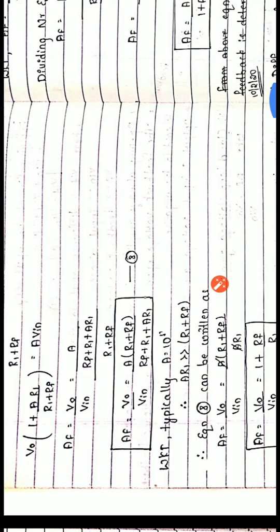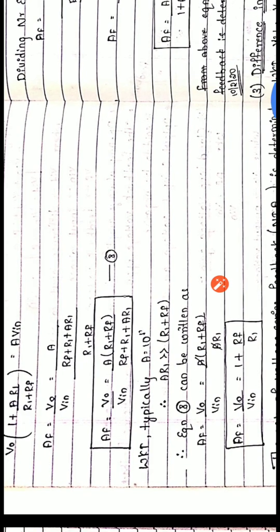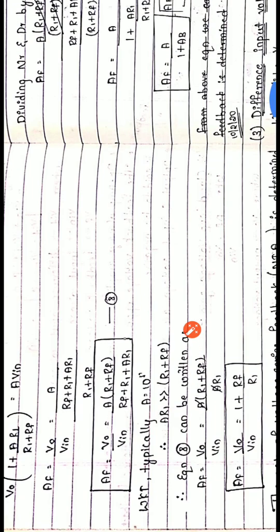Now we'll do some assumptions here. We know that typically the open loop gain of the amplifier is infinite. Here it is assumed to be 10 raised to 6. Therefore you can write here, if AR1 is much greater than RF plus R1, because A is very high, RF plus R1 becomes very small.